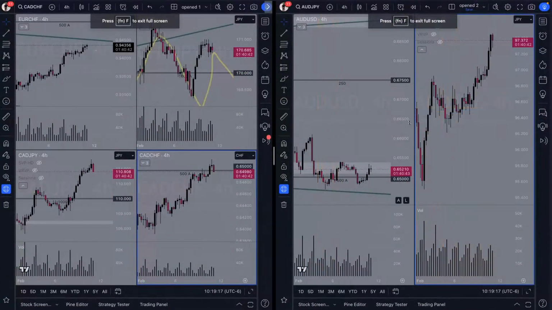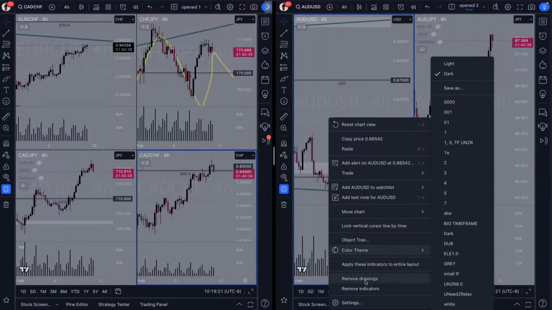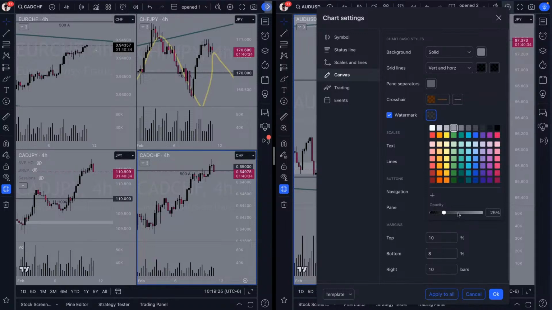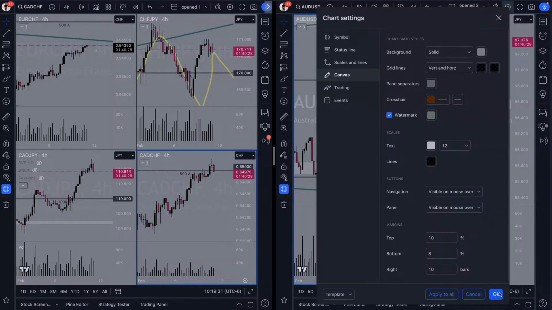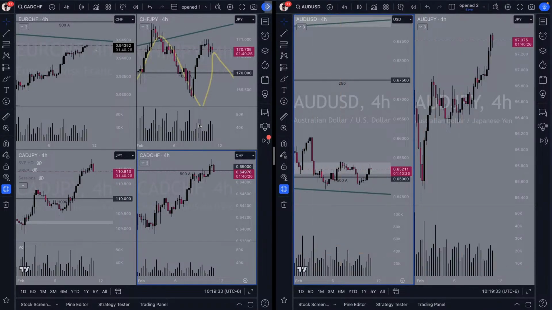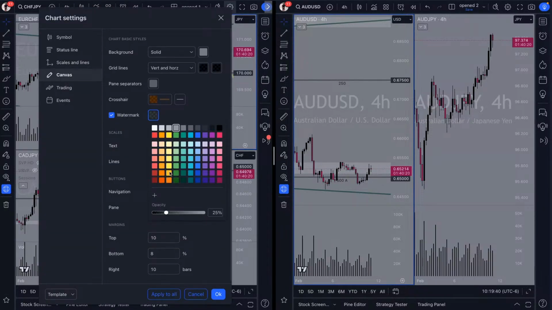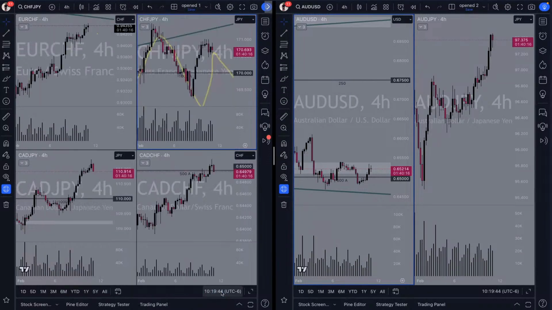So that's our open trades, right? Let me just dim the watermark a little bit, so it's brighter, and we can see all.